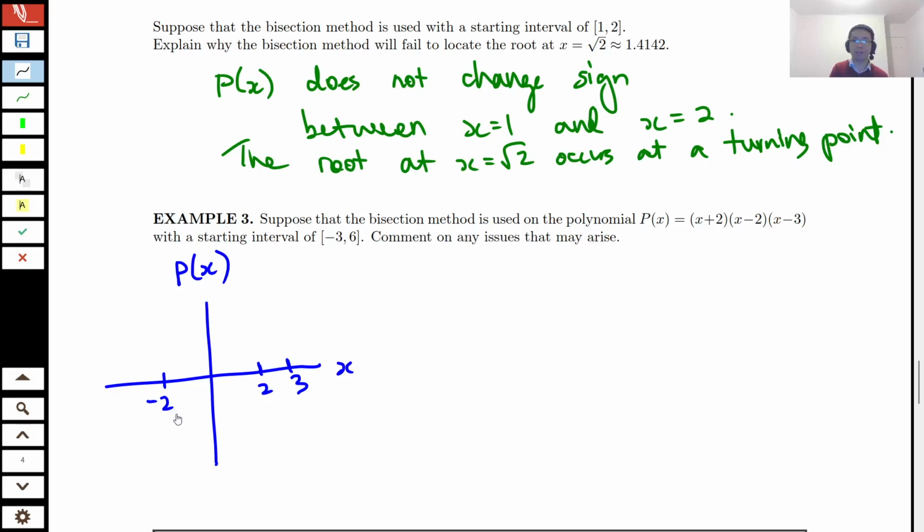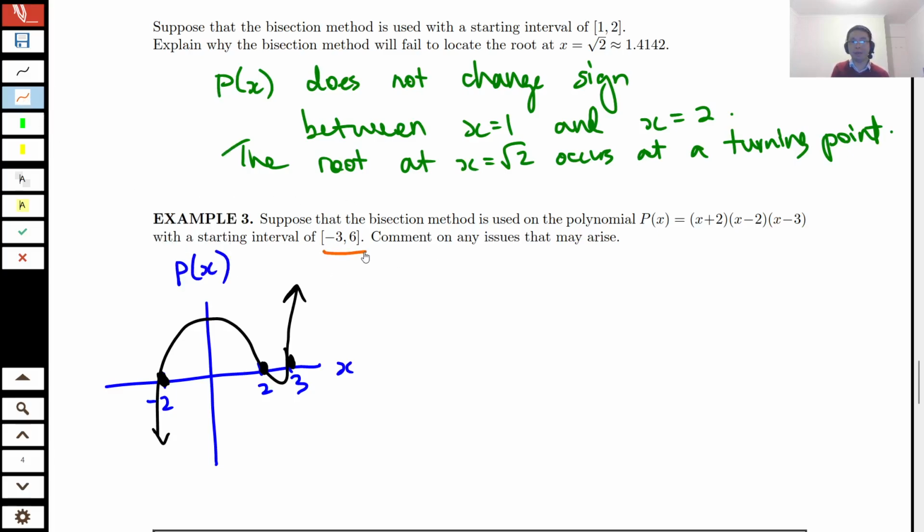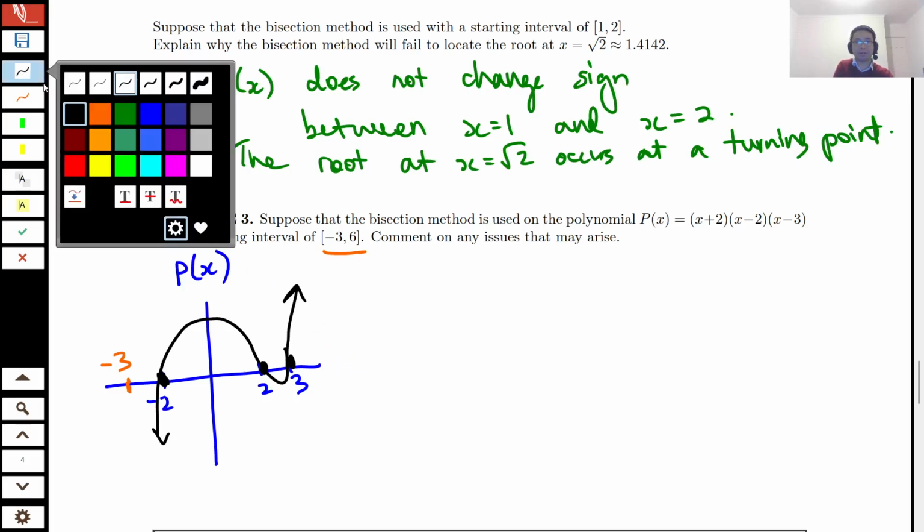If I were to draw a rough sketch of the graph, maybe it'll look something like this. Okay, excuse my bad drawing. So negative 2, positive 2, and positive 3. And now imagine a situation where I apply the bisection method between minus 3 and positive 6.